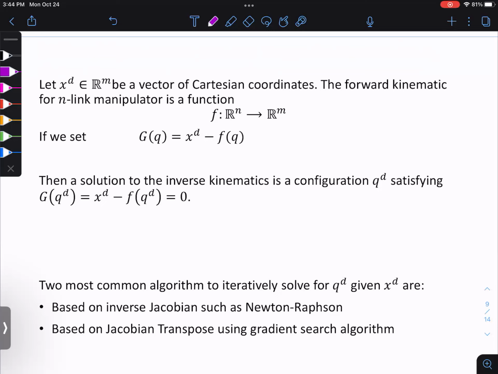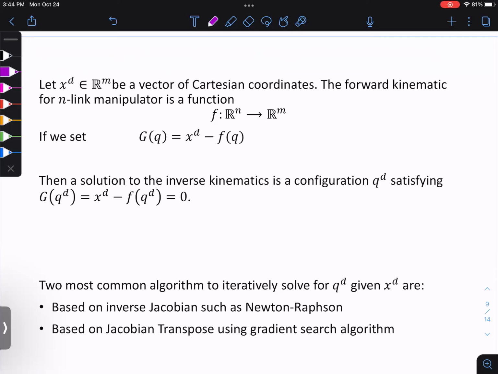So g(q) would be 0 if your x desired is where your robot actually is, right? There's no error. So instead of solving for one, you look at the difference. If what I found is equal to what it should be, and the difference is 0, you're good. If there was an error, you try to minimize that. Now you have two different ways of doing that: one is Newton-Raphson, the other is the Jacobian transpose.